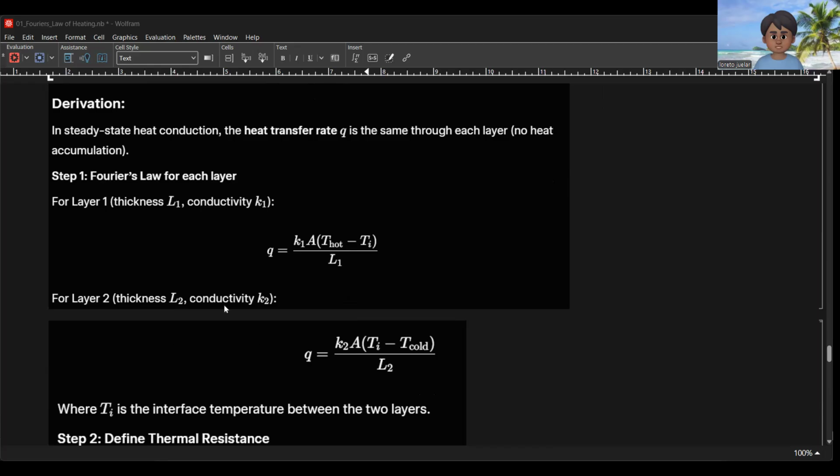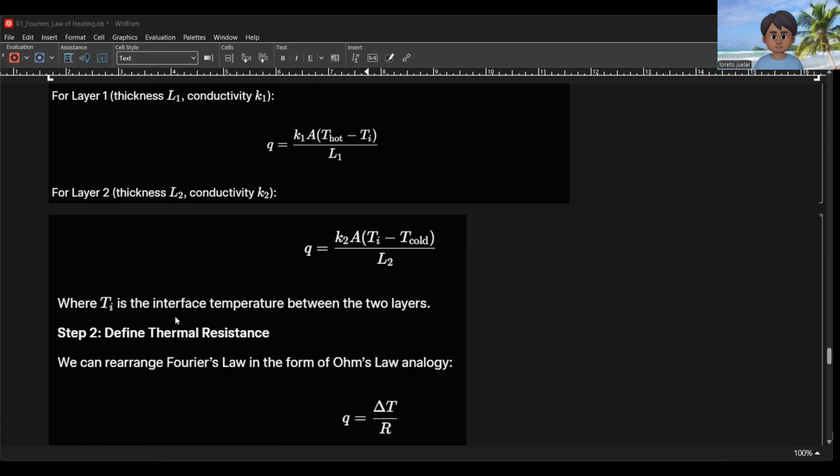For layer 2, thickness L sub 2, conductivity K sub 2, thermal conductivity times the area, times the temperature in the middle, the interface temperature T sub I, minus the cold temperature, over L sub 2. Where T sub I is the interface temperature between the two layers.